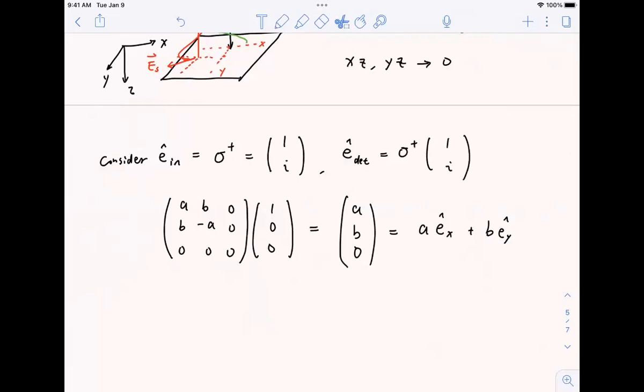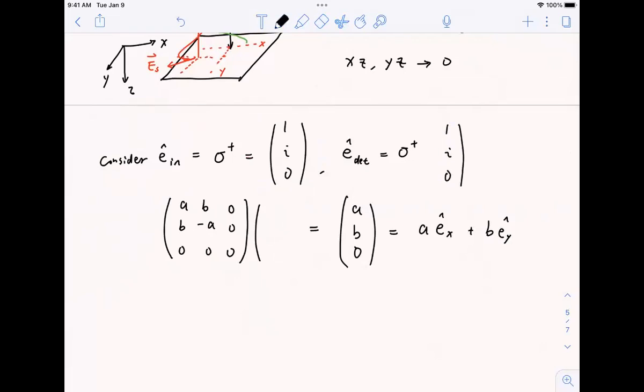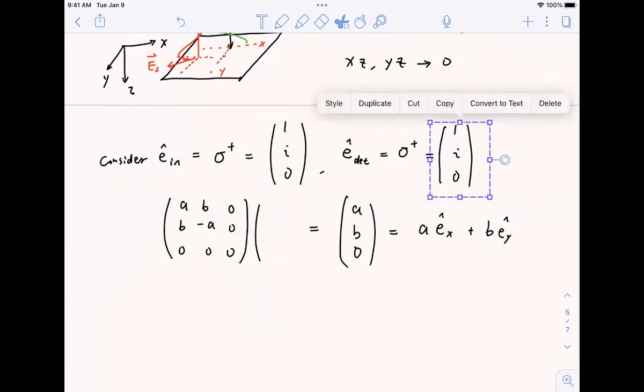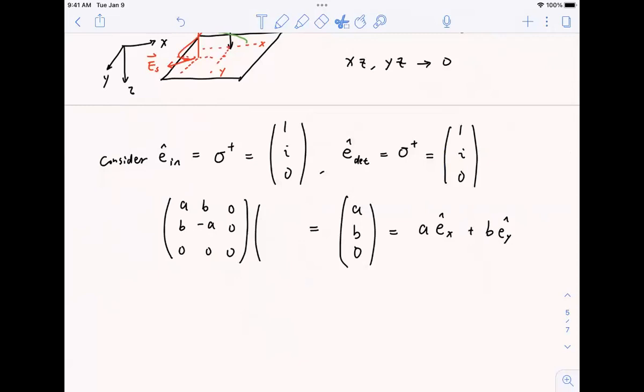Then we'll get something interesting here. Of course, you need a zero here because the Z component is zero. One, i, zero.